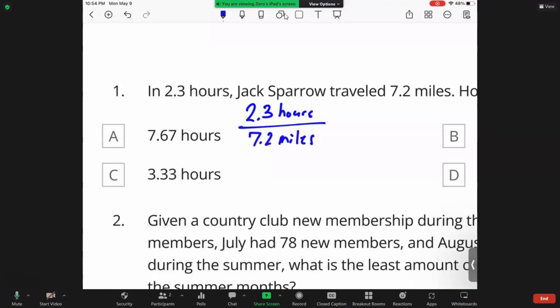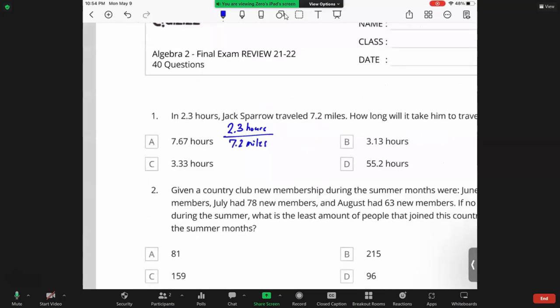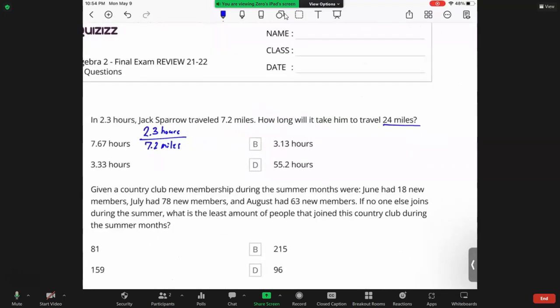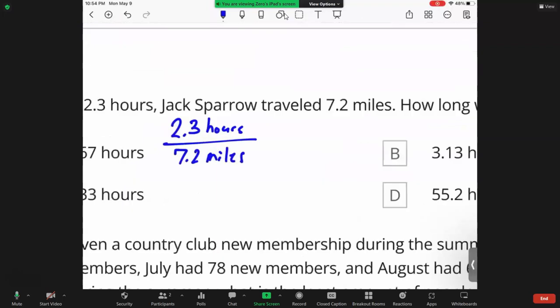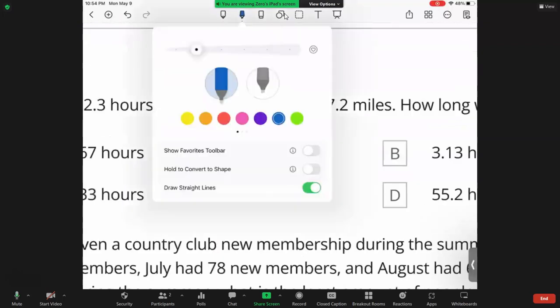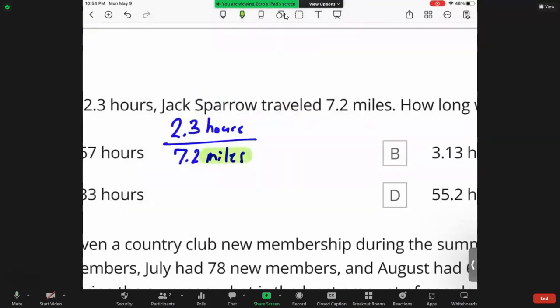So I have hours on top and miles on the bottom. And then over here, how long would it take him to travel 24 miles? So I have 24, I have the miles on the bottom. So it would be X, because I don't know how long it's going to take, over 24 miles.